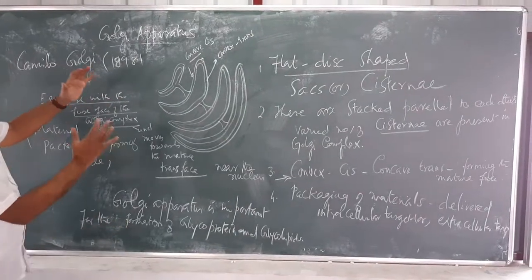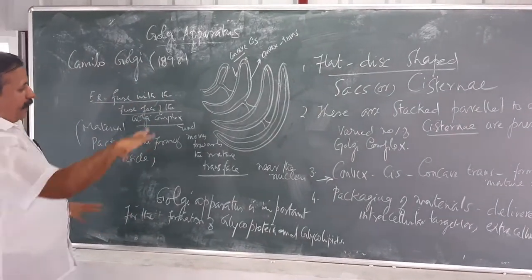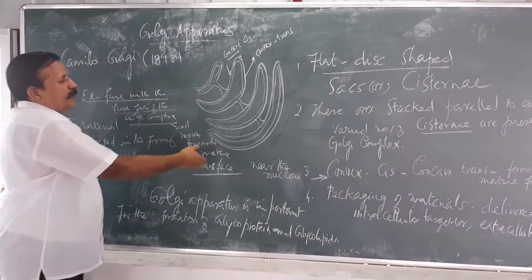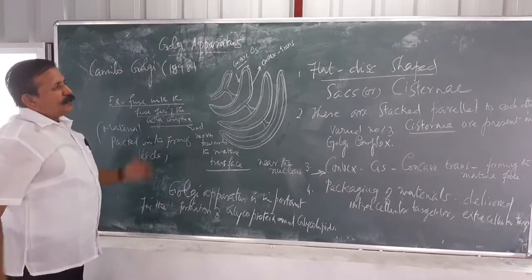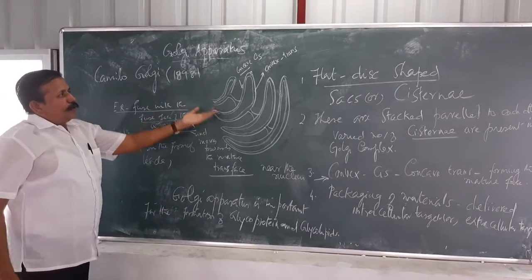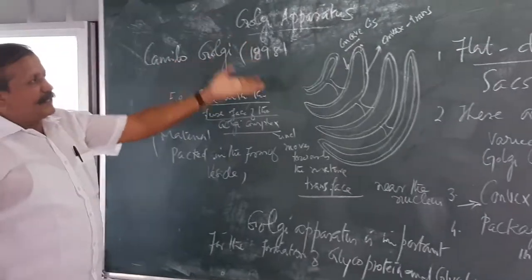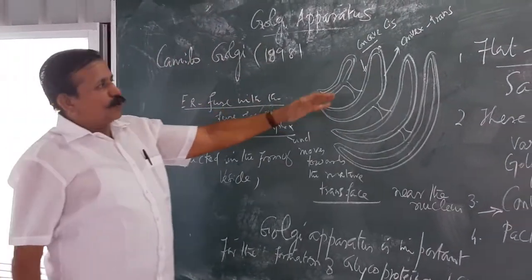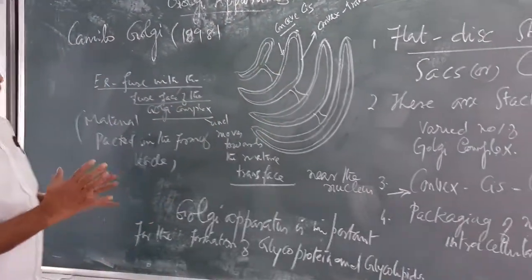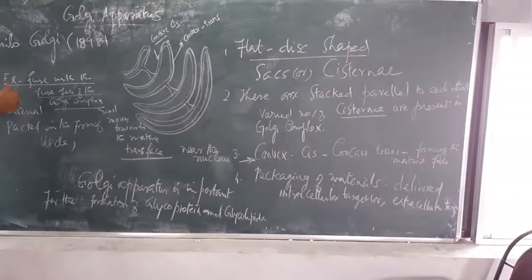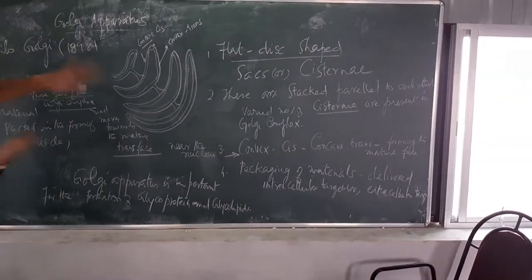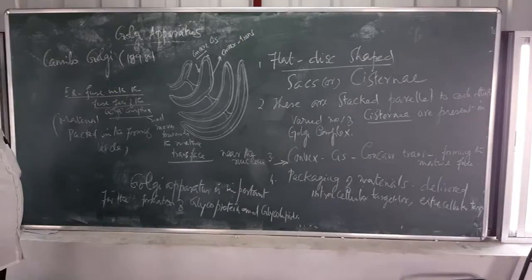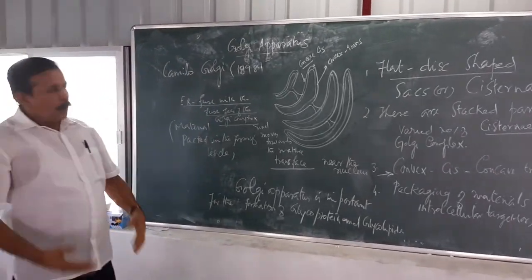Hence it is called one of the packing areas. The packing areas look folded in structure, flat disc shaped, sacs or cisternae, the outermost concave areas are called the cis, and the matured phase is called the convex. The packed materials prepared from the endoplasmic reticulum, the protein synthesis, are packed and delivered in a subsequent way.